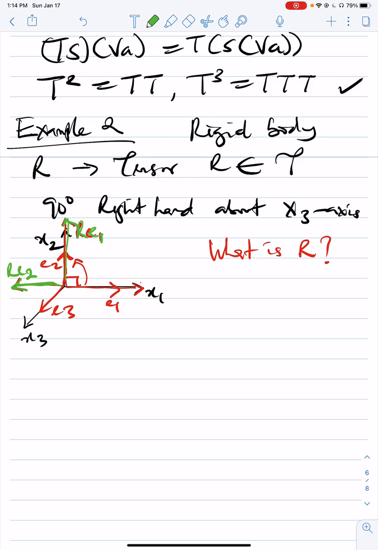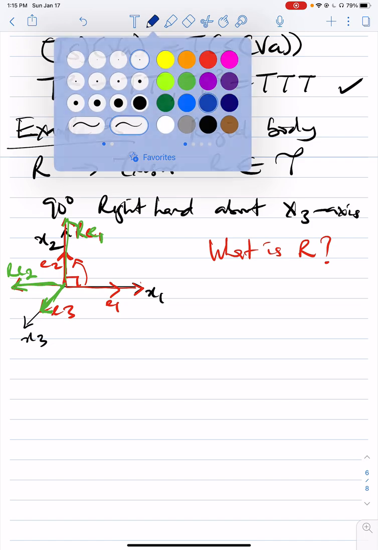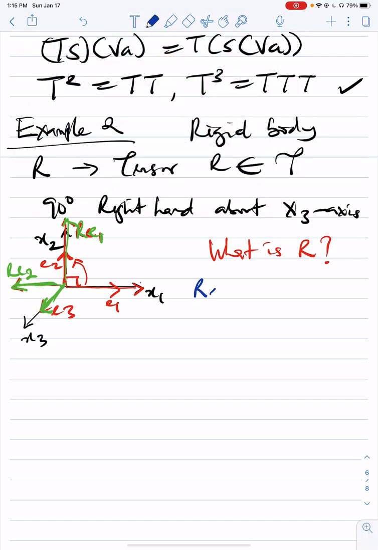You're rotating about e3. So this e3 remains the same, right? It remains the same because we are rotating about it. So in clear terms, how we write it: R e1 has now become e2, because you see it moved from here to this point. It became on the same line as e2.